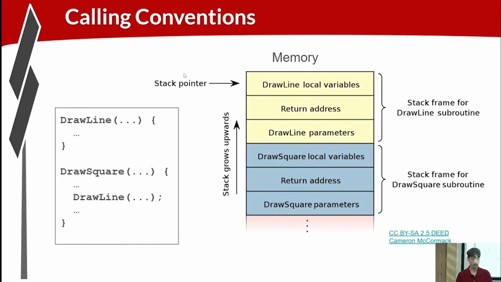So those calling conventions are illustrated here. This is generic, not specific to RISC-V, but it's the same in most instruction set architectures. So a program is going to call one function, which is going to call another function, which is going to call another function. Those functions will return, and when they return, they need to return to the context that they called from, right?